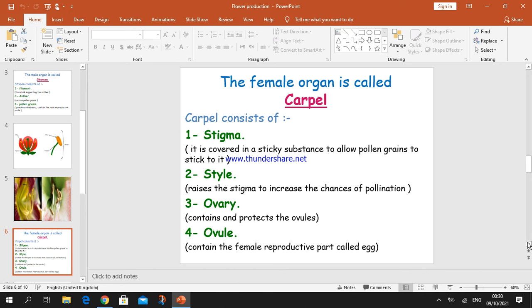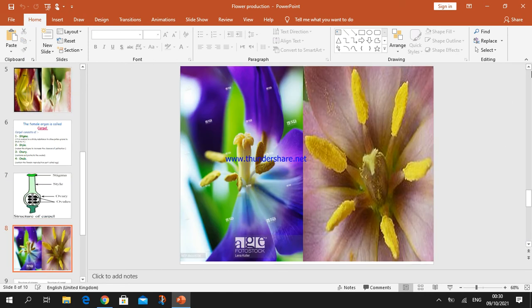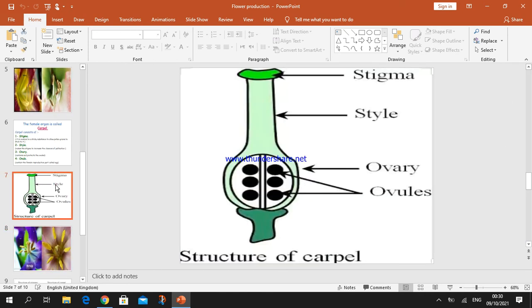Again, pistil or carpel is composed of stigma, this is known as a stigma, and this is known as style, the swollen part known as ovary, and the ovary contains ovules. This is the structure of the carpel.